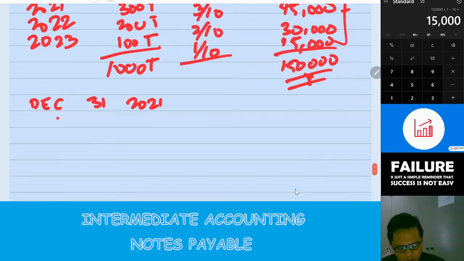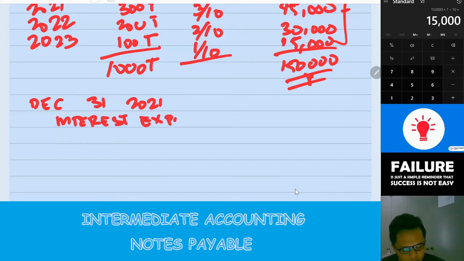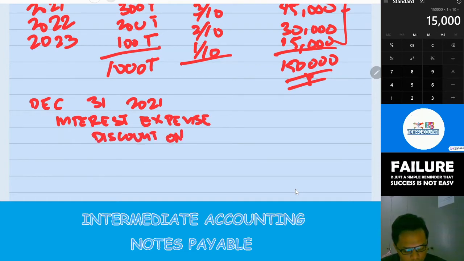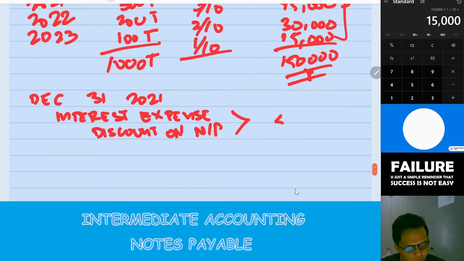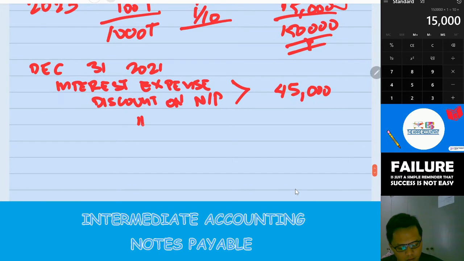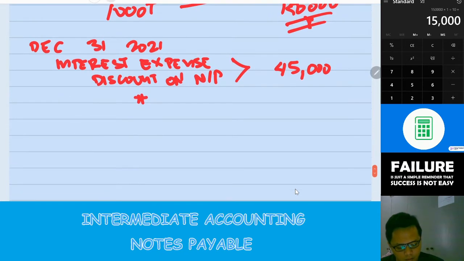So, the entry is debit interest expense, credit discount on notes payable na 45,000. Then, for the payment, debit notes payable, credit cash.